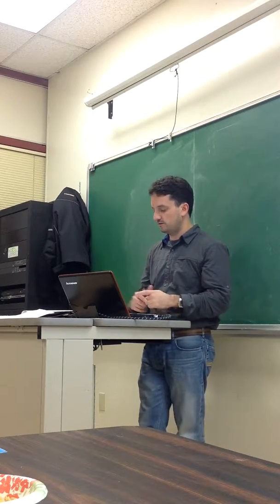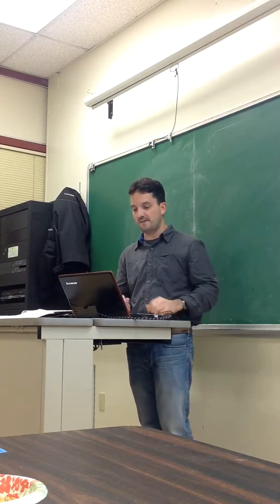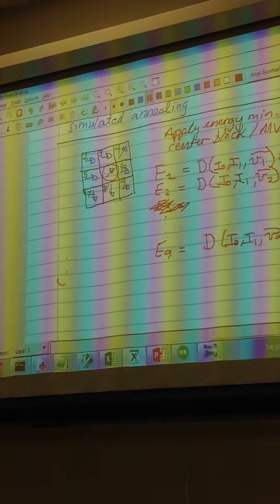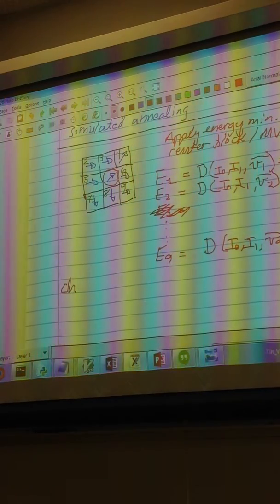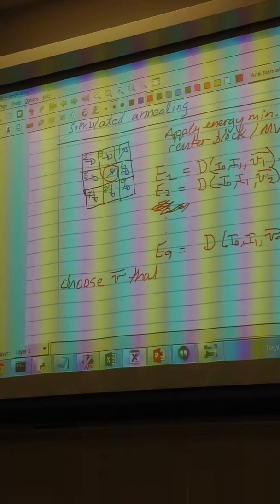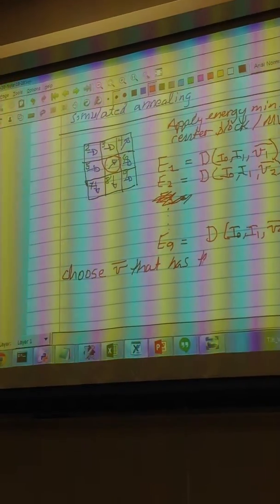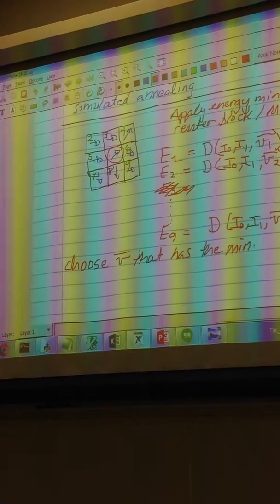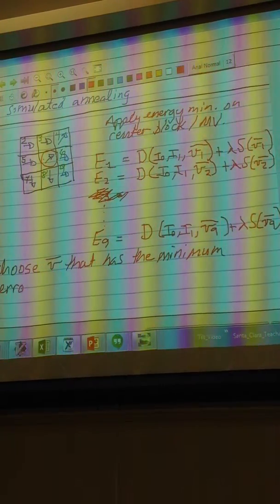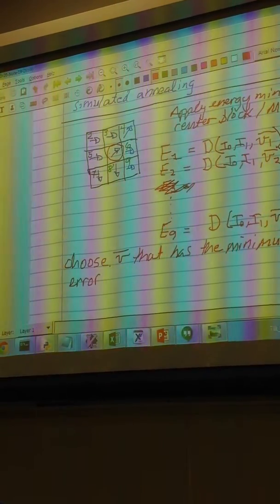So that's the way you form the 9. And then your goal is that you're going to choose the V that has the minimum error. Okay.